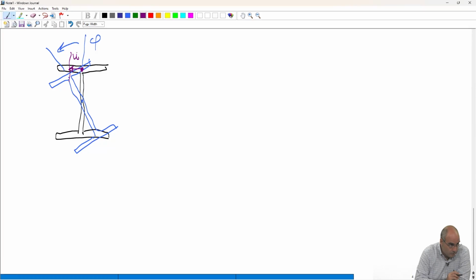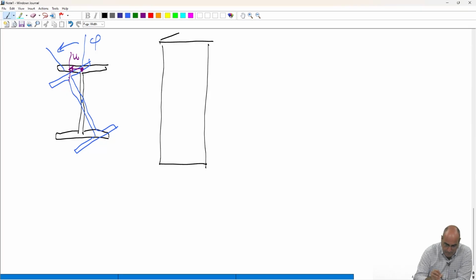But if I look at this displacement here, u, just the horizontal part, because if I look at the flange from the top, what I do see is something like this. And I see this point ending up there.